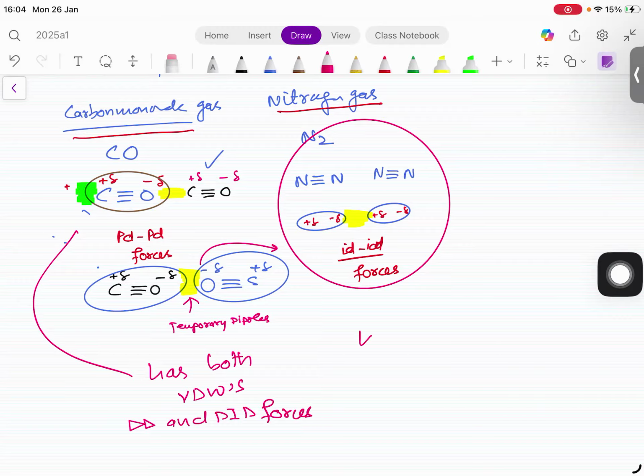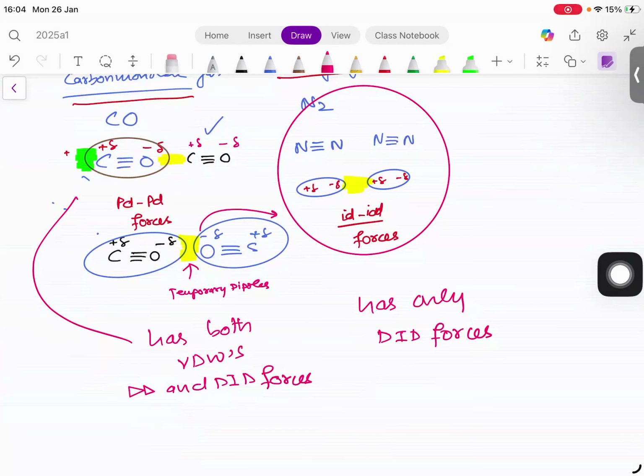But nitrogen has only DID forces, as this is polar and this is non-polar. So a non-polar molecule has only one VDW and a polar one has two VDWs.